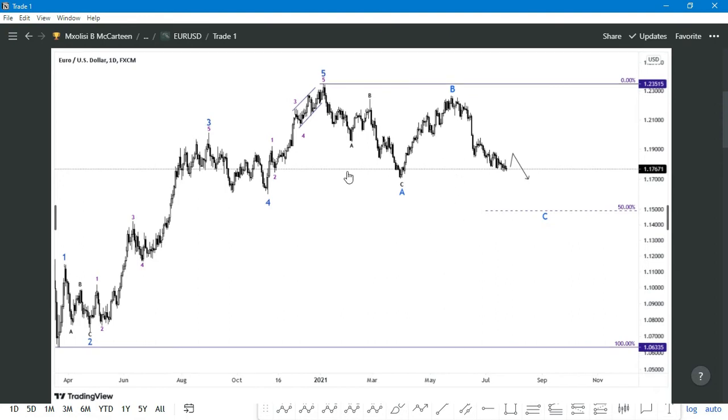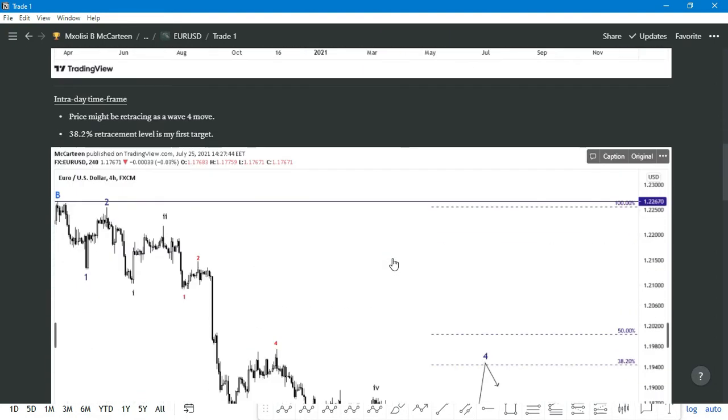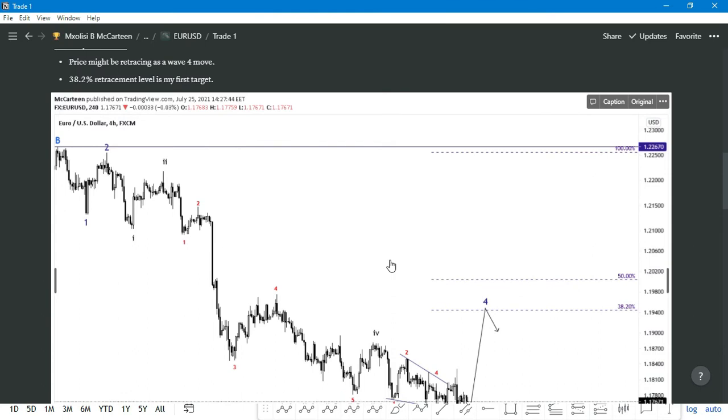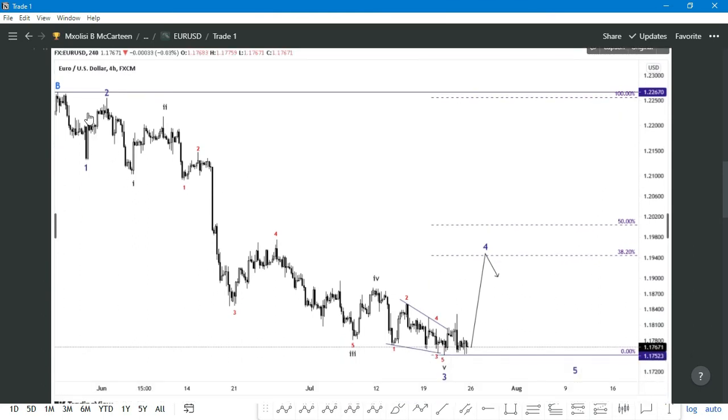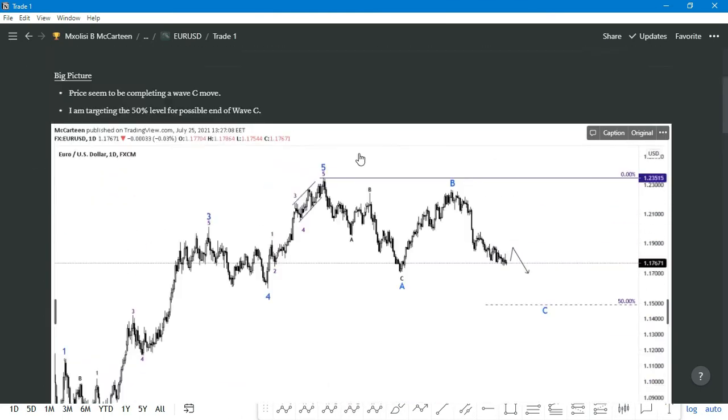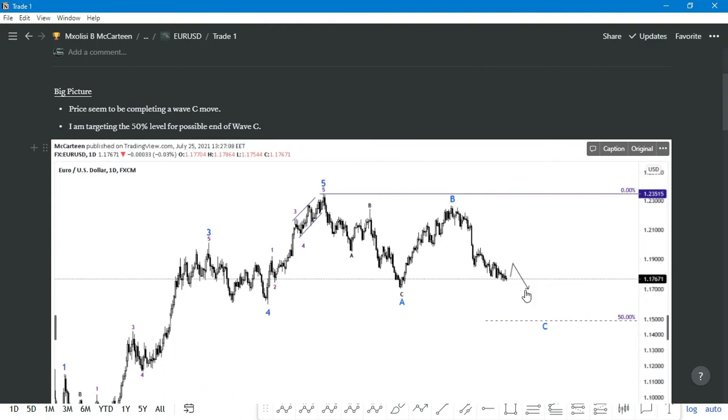So this is a daily time frame, and going deeper into the 4-hour time frame, I can see that focusing on this wave C move, we're trying to check how price might unfold, and how it is possible that we can get into this 50% target.